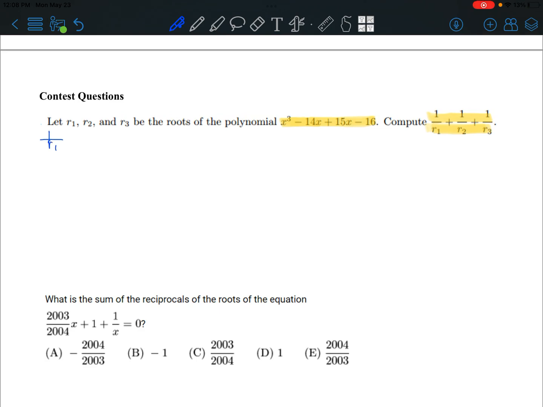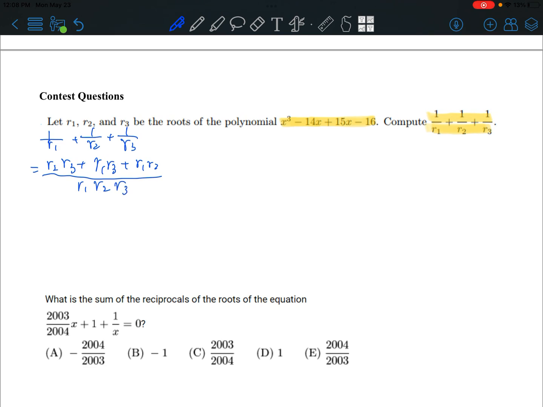So for 1 over r1 plus 1 over r2 plus 1 over r3, we can multiply them by a common factor so that they have the same denominator. So it will be r2 r3 plus r1 r3 plus r1 r2 all over r1 times r2 times r3.